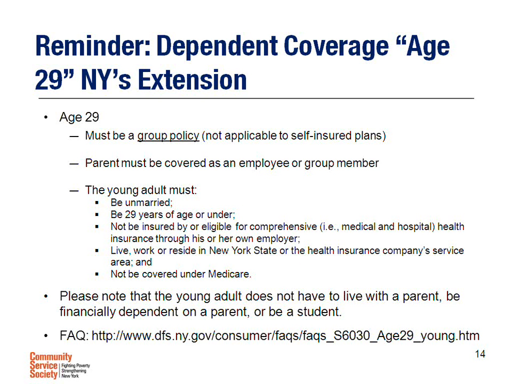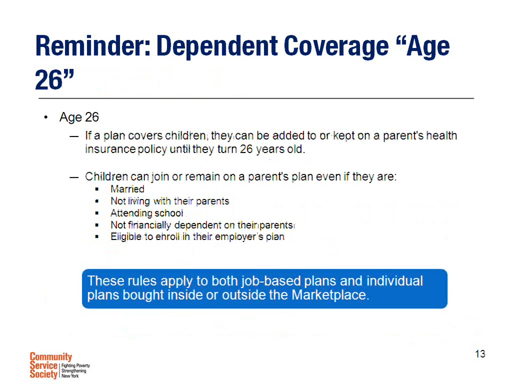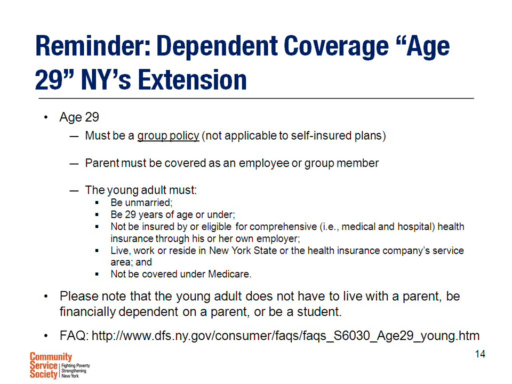And the requirements for the young adults are a little more restrictive. They have to be unmarried, be 29 or under, not be insured by or eligible for comprehensive health insurance, live, work, or reside in New York, and not be covered under Medicare. If you compare the flexibility of age 26, where you could be living anywhere, you could be married, age 29 is more restricted.